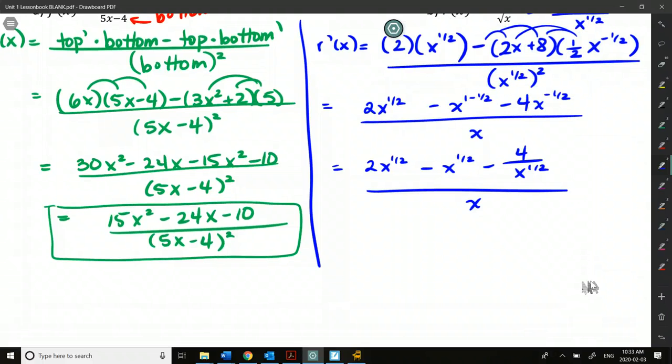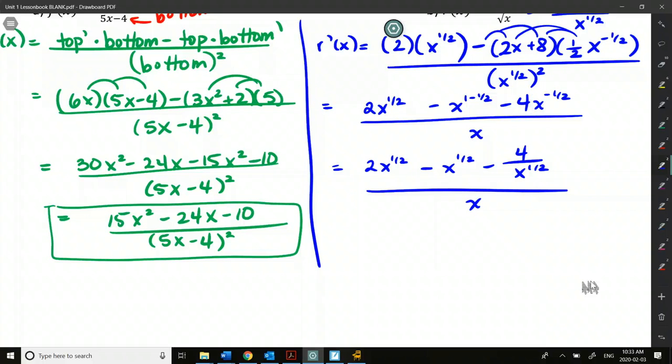Kristen? How come we don't move it to just for the x's, the 4 over x half? Why don't I move it? Oh, gotcha. We can't do that actually because this is the only single term that has that x to the negative half. If it were x to the negative half times that entire bracket, I could definitely do that and just move it down.